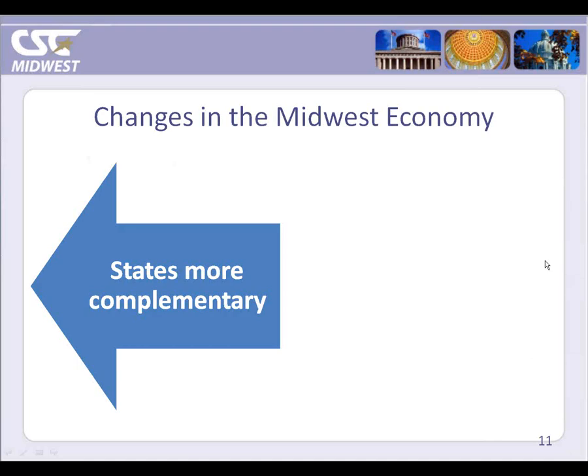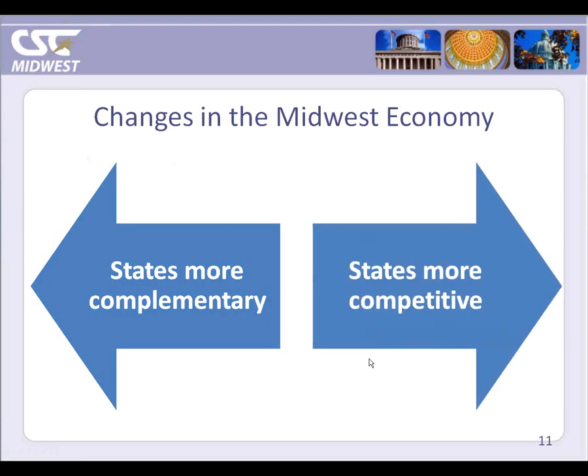So at one and the same time, our Midwest economy is becoming more complementary. At the same time, it is becoming more competitive. And this then generates this sort of interesting paradox that we need our surrounding states to be effective. We need them to be growing because we're very dependent on them. At the same time, we are competing with them to try to garner as much of the economic activity as we can.